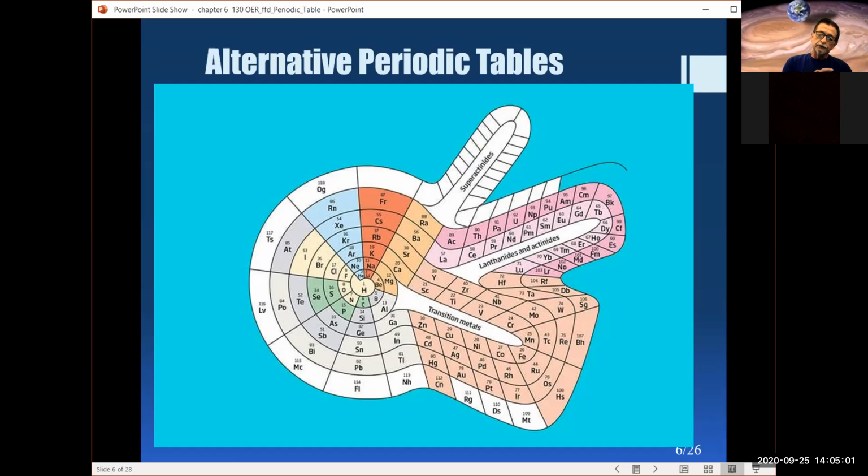And you'll see up there in the upper top where you've got what they call superactinides. Those haven't been found yet or been made. Actually, the elements starting from 92 forward are man-made, and a lot of them are very radioactive.